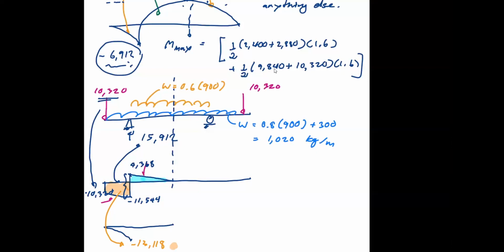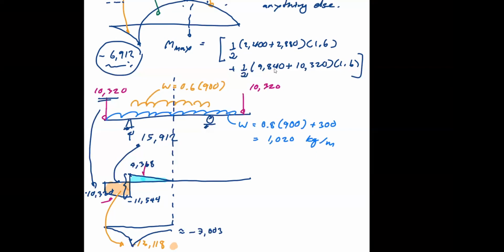So that means after the calculation, you would find that your moment here at midspan is not positive at all. It's still a negative moment. Because the blue, it's about minus 7,003, okay?